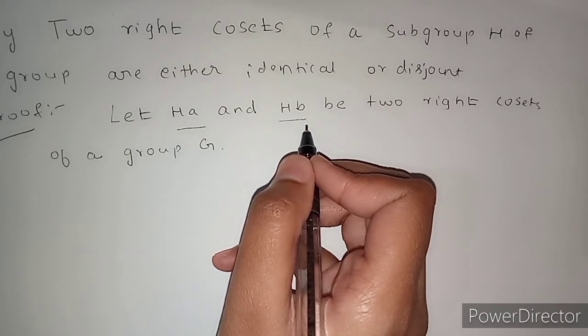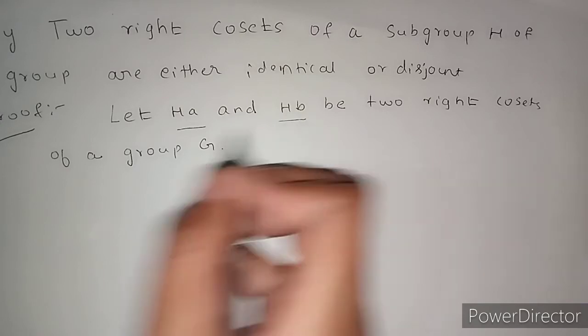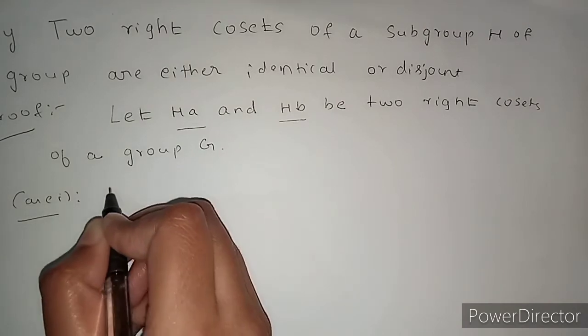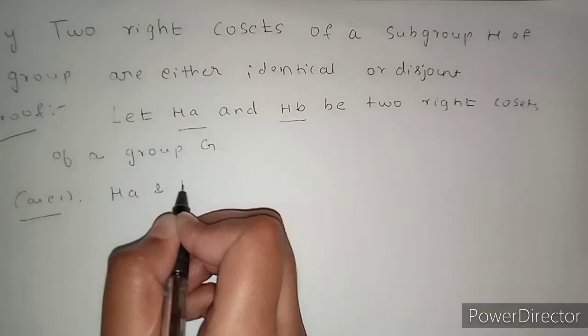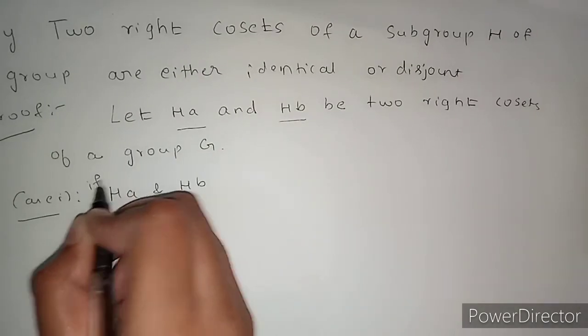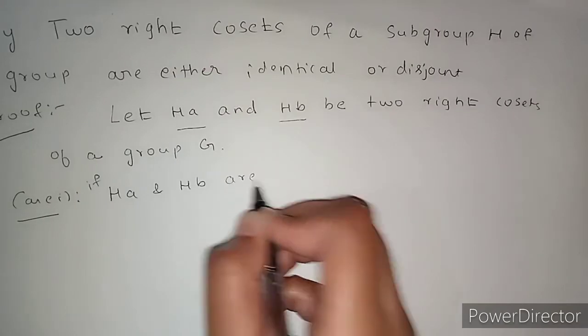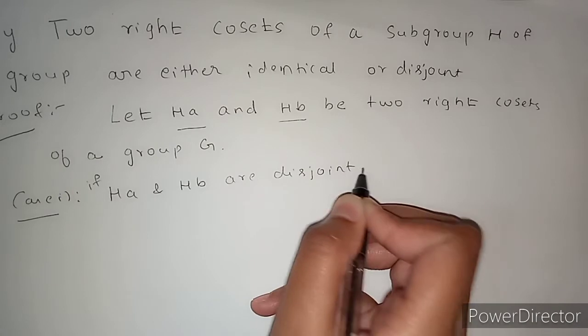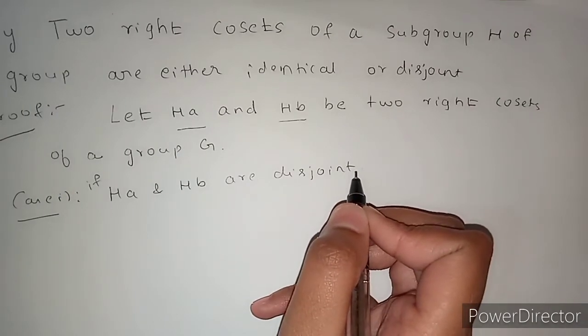In this theorem, it contains two cases. Case 1: I am supposing Ha and Hb are disjoint. And another case is if Ha and Hb are not disjoint.